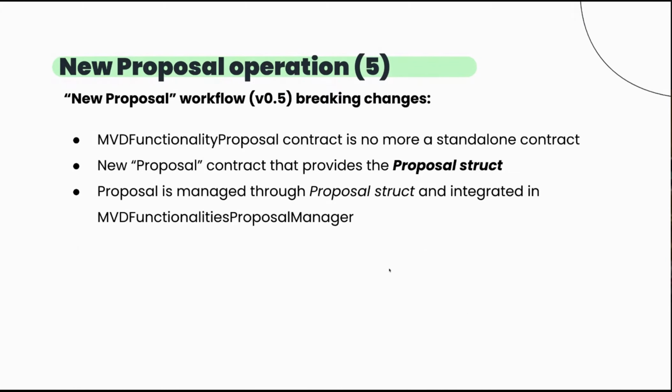In the 0.5 we changed something, and in this slide we can see the breaking changes in the 0.5 version. First of all, the functionality proposal contract is no longer a standalone contract. So in the 0.5, if we try to create a new proposal, we no longer have a new proposal contract as a standalone contract.